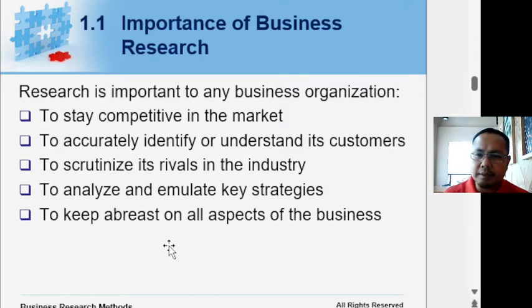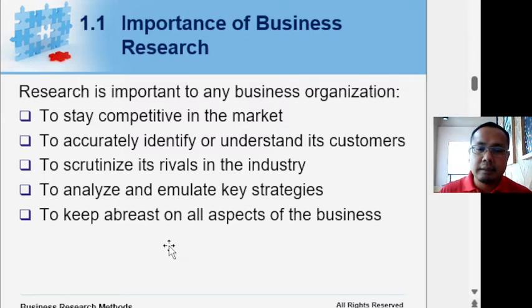So that's actually how we try to equip ourselves to contribute to the organization to stay competitive in the market. Yeah, because we know a competitive position is not easy to achieve, and more difficult to sustain competitive advantage.